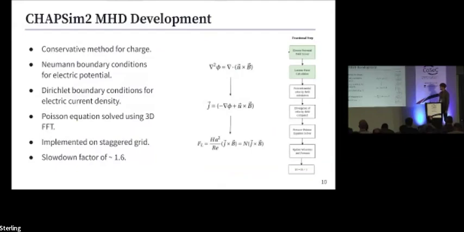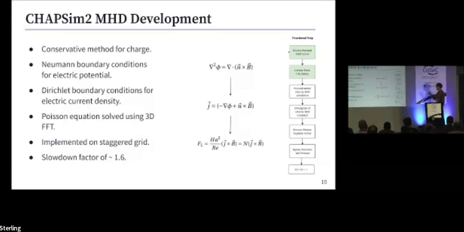2. So the MHD development is essentially quite simple. We first solve our electric potential fields using our velocity. We use a 3D FFT to do that, same as we use for pressure. And then we find our electric current density from that field, and then compute our Lorentz force and add that to our momentum equations at the start of each fractional step.